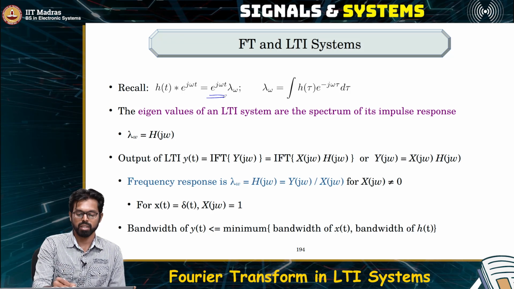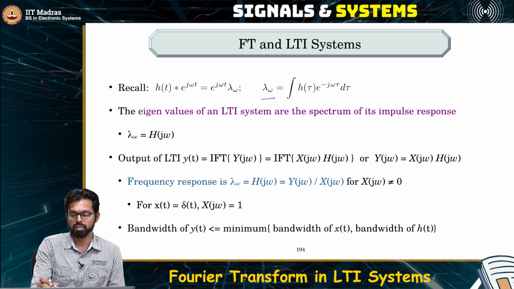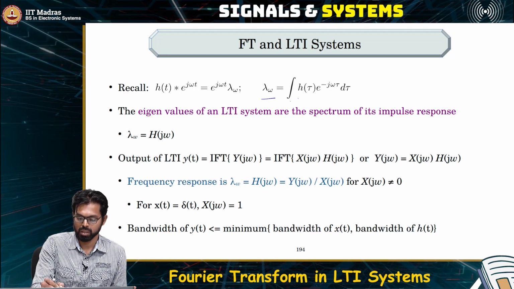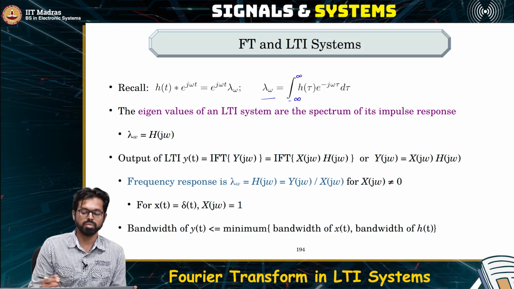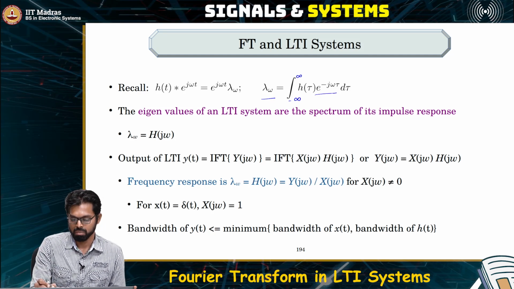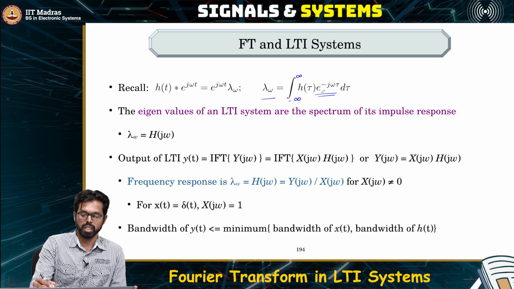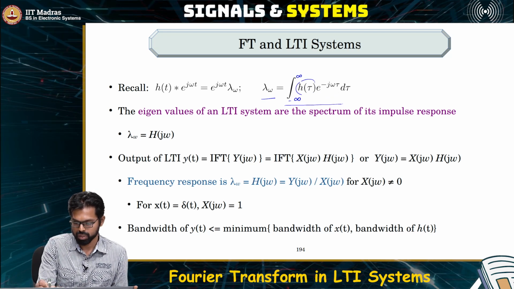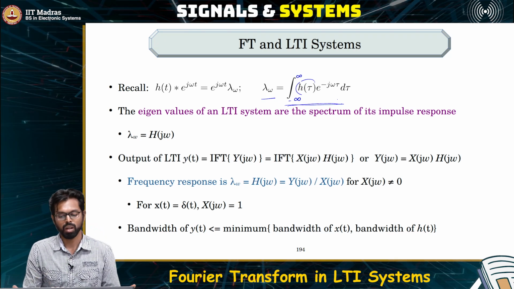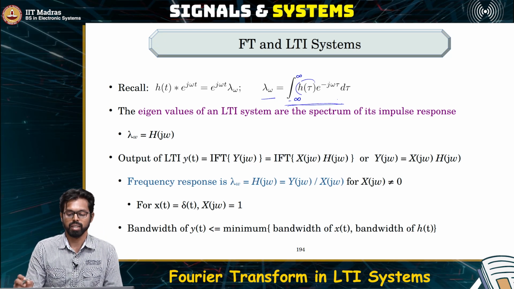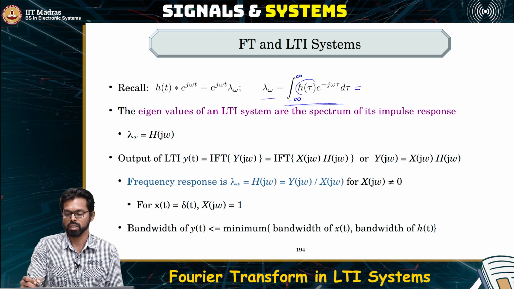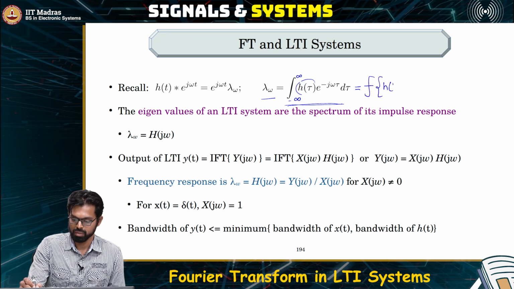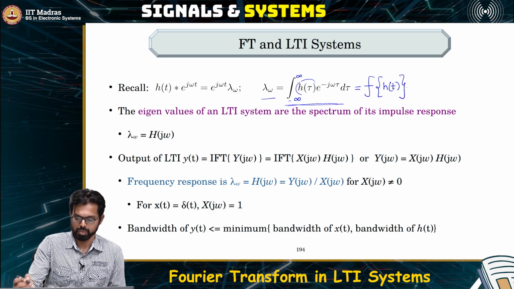And what is the scaling? It's the eigenvalue, and the eigenvalue is what we denoted by this expression, right? It is basically nothing but the inner product of the phasor with the signal with which we are convolving. Now, if you look into this expression of the eigenvalue, something is very clear: the eigenvalue is nothing but the Fourier transform of the signal with which we want to convolve the phasor.